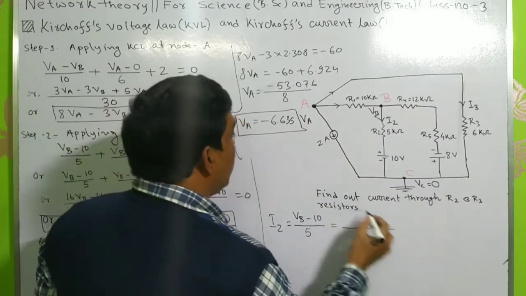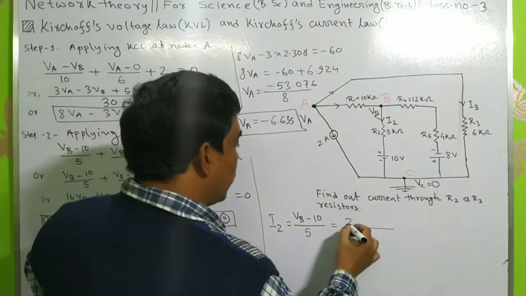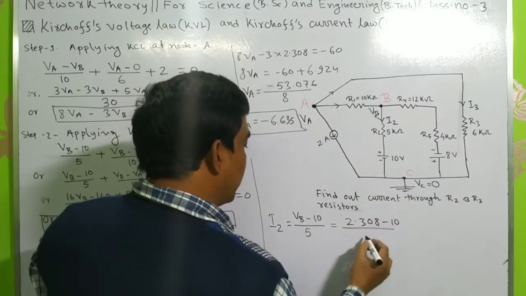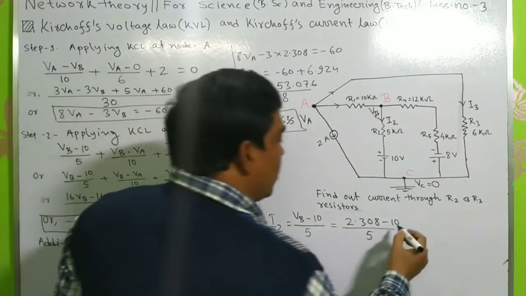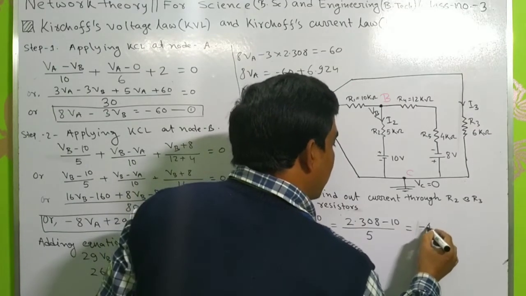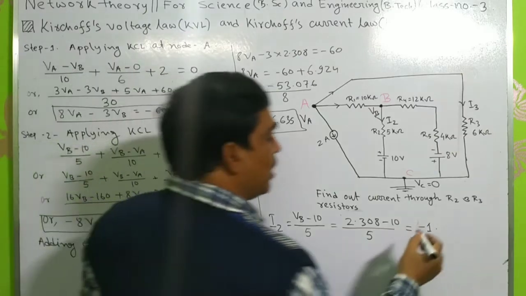So VB, I have already calculated the value of VB. VB is 2.308 minus 10 by 5. So if you calculate this value, then it will be minus 1.538.